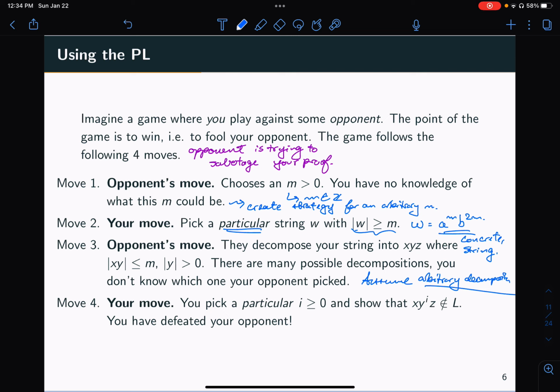Your opponent makes the decomposition move. Next, it's your move.